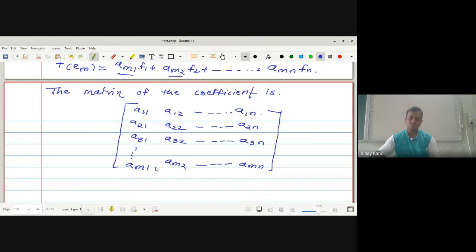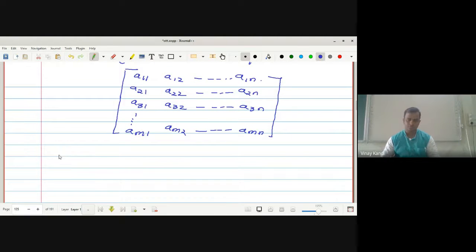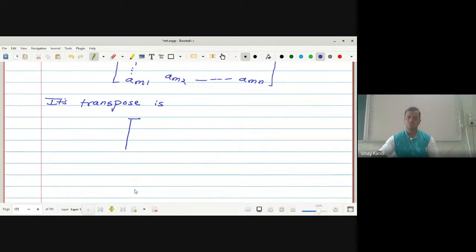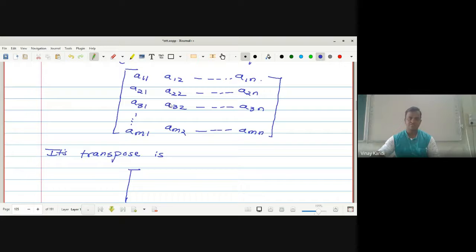And what is the transpose of this one? If A is the matrix, what is A transpose? Write down the whole column in a row, and each and every row becomes a column. What is the first row here? A11, A12 up to A1n. Write the first row in the first column.